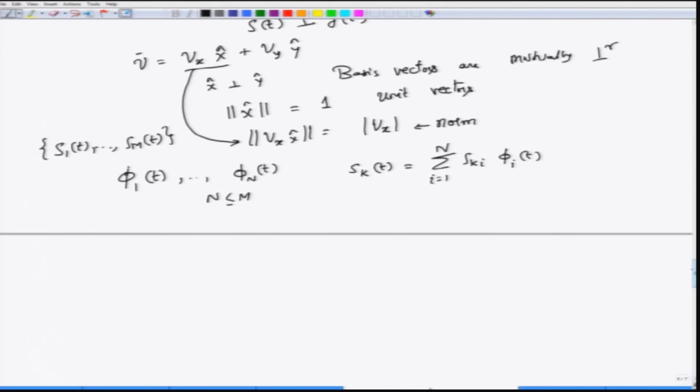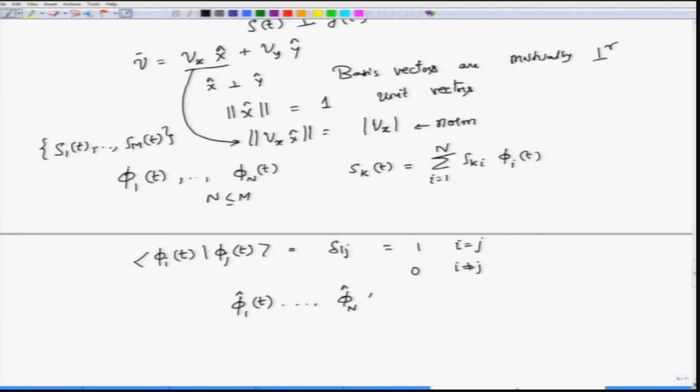Further, if I choose these basis functions in such a way that the inner product of two basis functions is equal to 1 when they are the same, and equal to 0 when they are different, then what I obtain is a set of orthonormal basis functions.